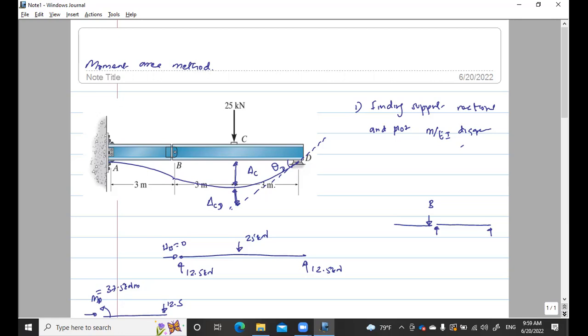There is a thing called point of inflection. Point of inflection is where the curve changes from positive to negative.